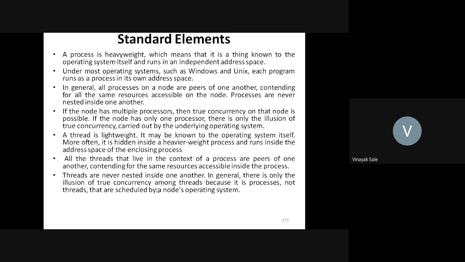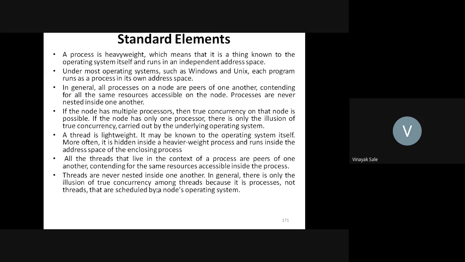A thread is lightweight. It may be known to the operating system itself, but more often it is hidden inside the heavier weight process. It runs inside the address space of the enclosing process. All the threads that live in the context of a process are peers of one another, contending for the same resources accessible inside the process.